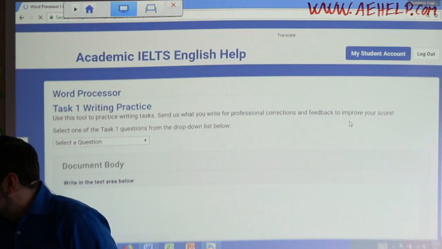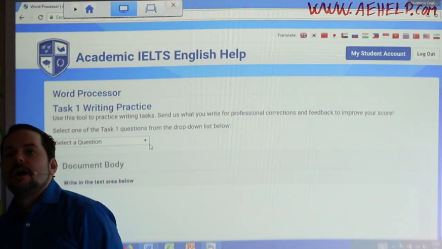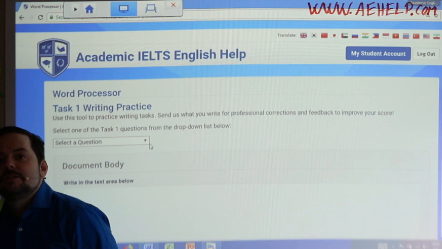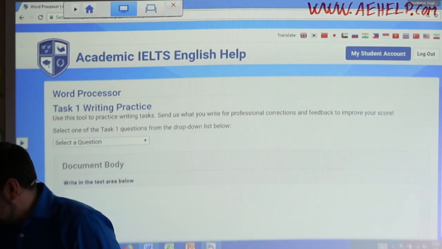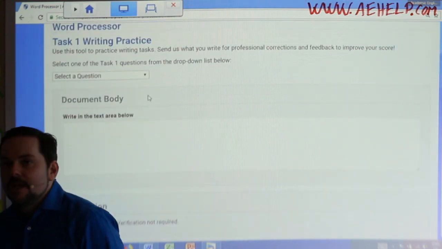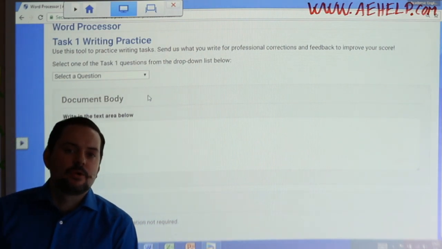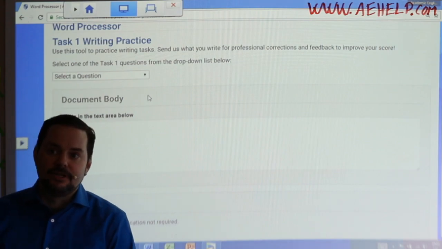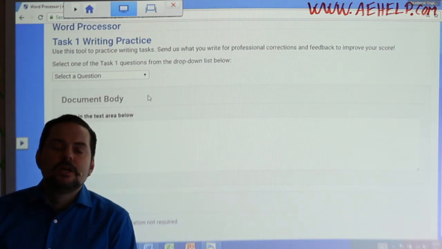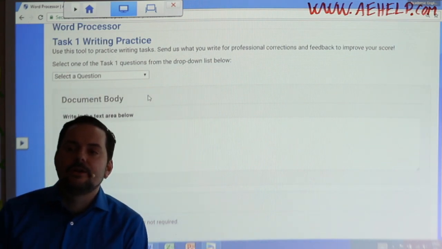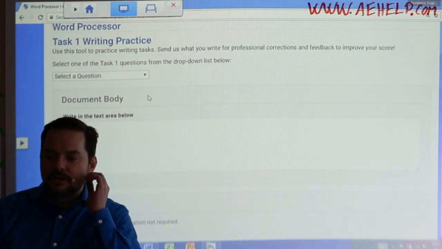So today we're looking at IELTS Task 1, and we have lots of different questions for you to practice. Just a quick question, everyone. How many different types of IELTS Task 1 can you see in the academic version of the test?